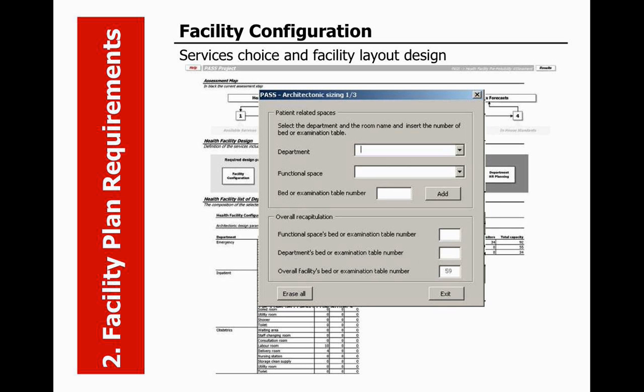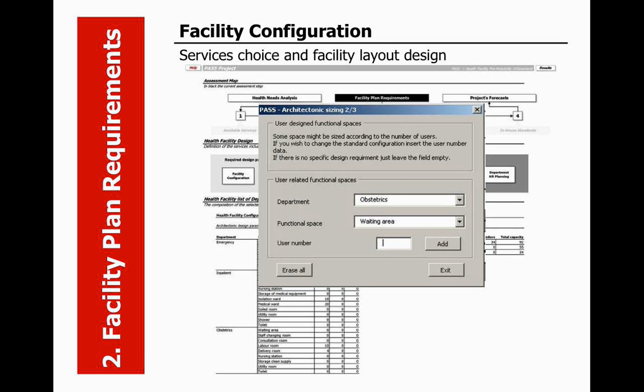Once this is done, I go for each department. The tool is telling me, okay, if you make obstetric, you have a waiting area, and you should tell me how big that waiting area is. Or if I have a ward in internal medicine or whatever, you should tell me how many beds I want.